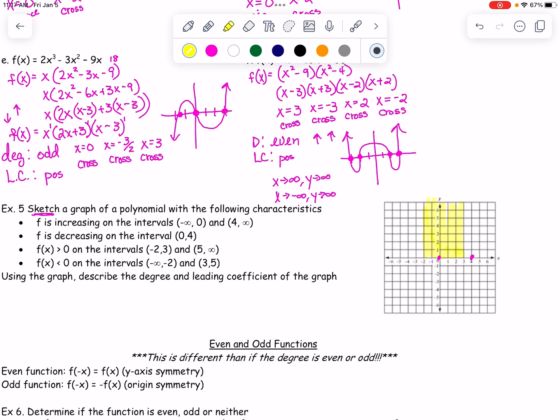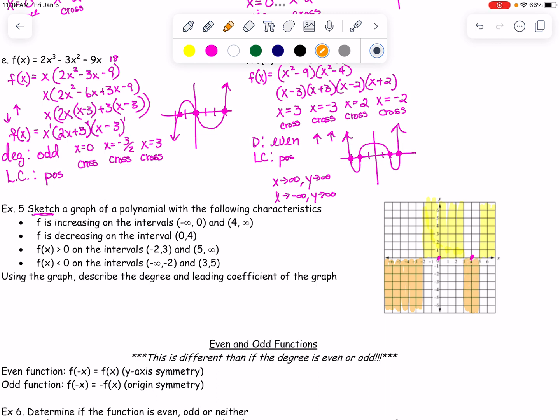And between 5 and positive infinity, it's going to be up here. Between negative infinity and negative 2, it's going to be below, down here. And 3 to 5 is going to be down. So where my highlighted area is, that's where my graph has to be.